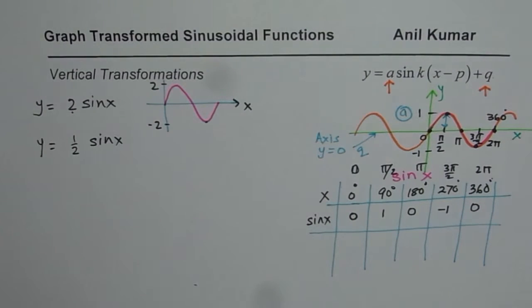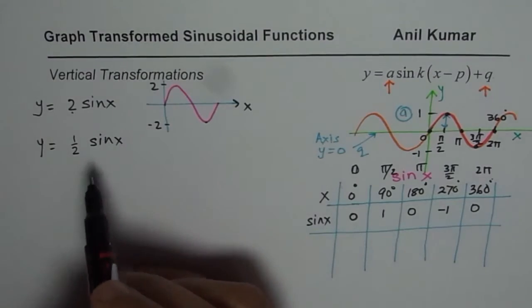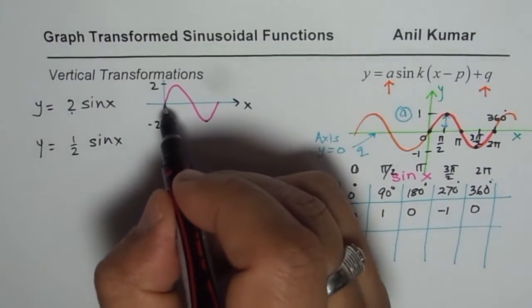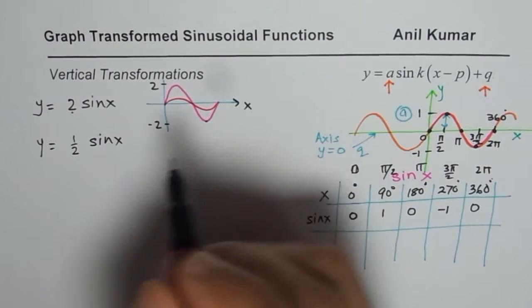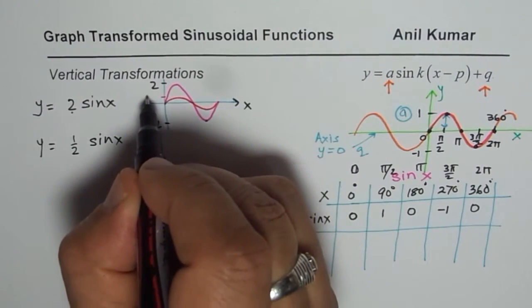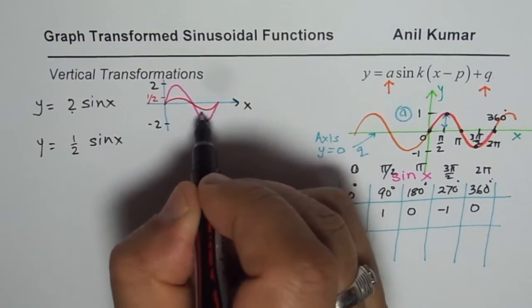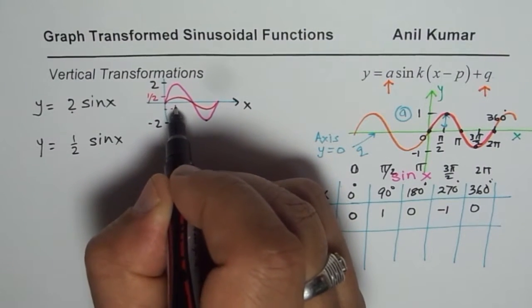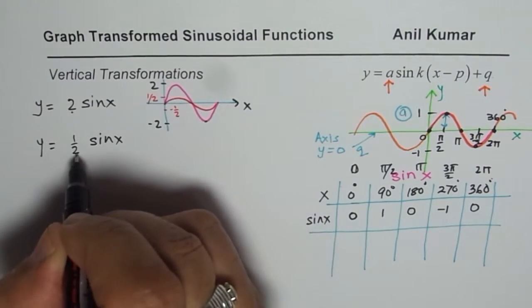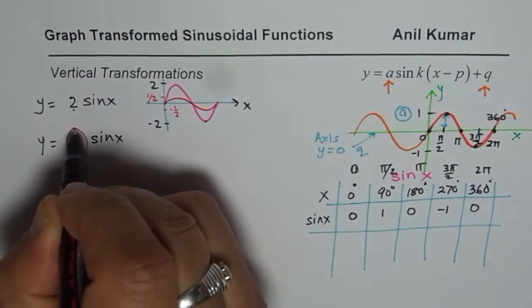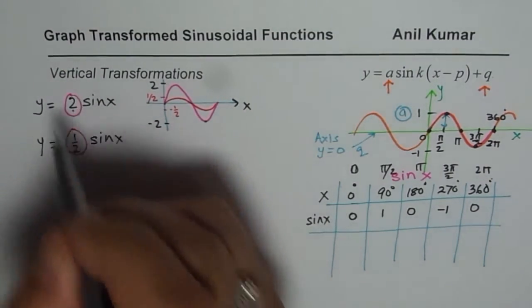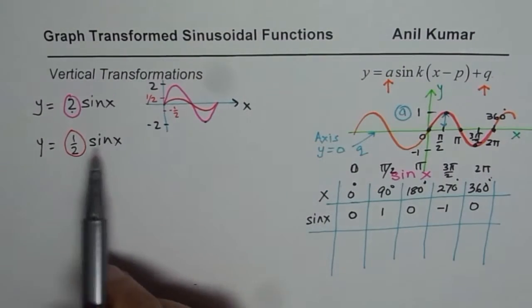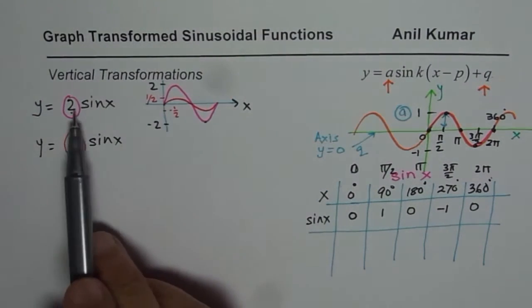If we have half as the equation, then the wave will be flatter, right? It will be like this, where this point will be half, or minus half here. So that is for the half portion. Is that okay? So 2 means basically a, the amplitude, is getting multiplied by this factor.